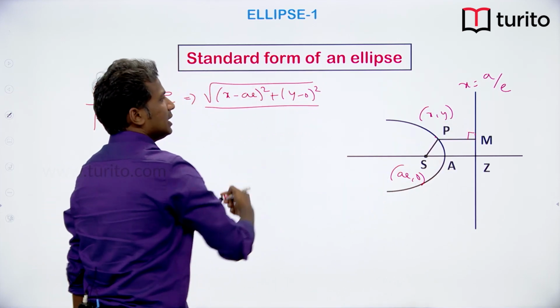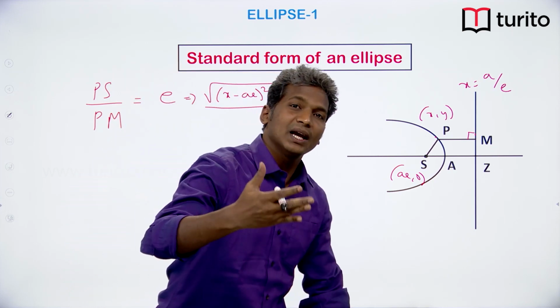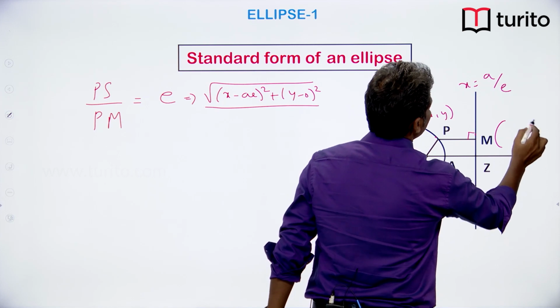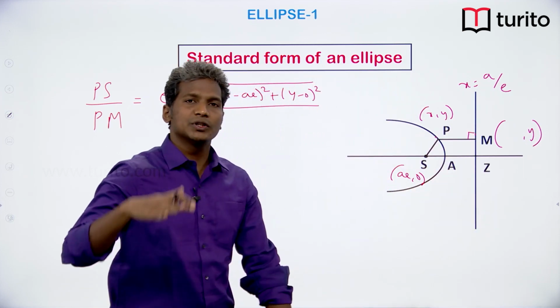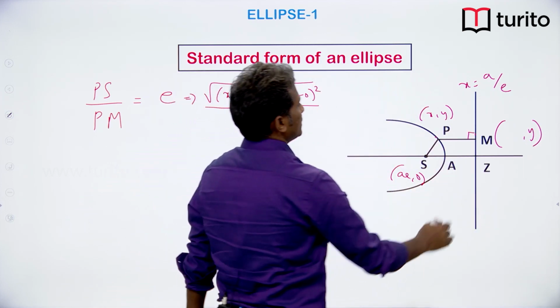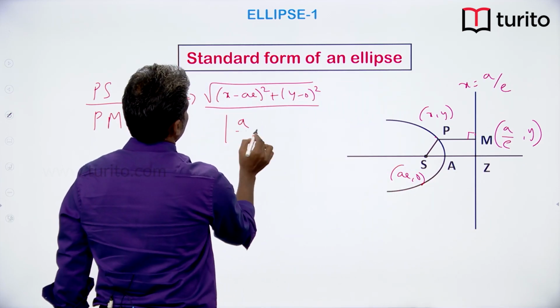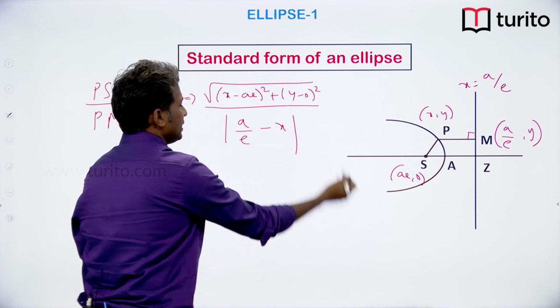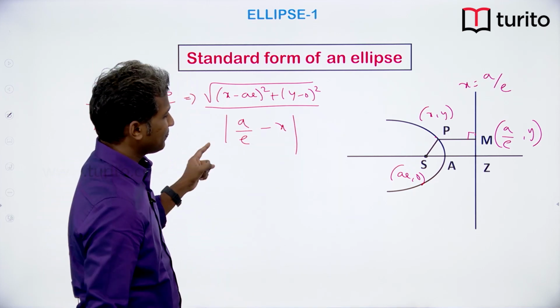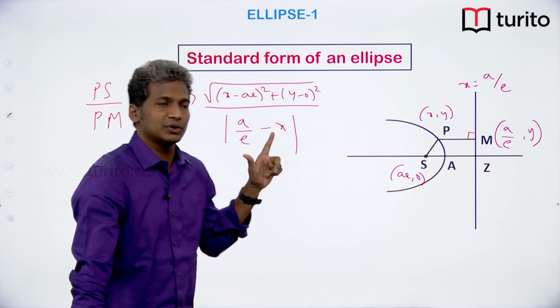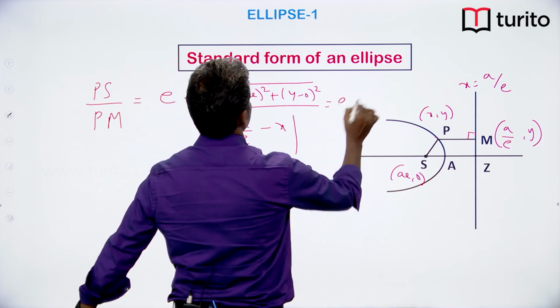It will be the difference of only the x coordinates, because this point M has the same y coordinate as P, both being at the same level. So we can just take the difference of x coordinates, which is a by e minus x. Definitely x is smaller than a by e, so it is already a positive number, but still I am writing the modulus. This must be equal to e.